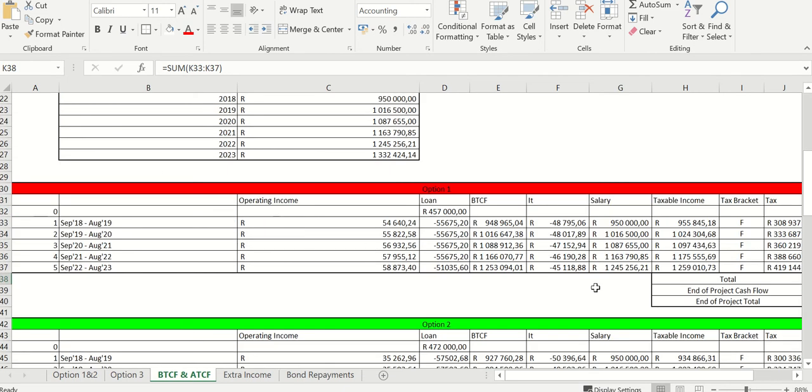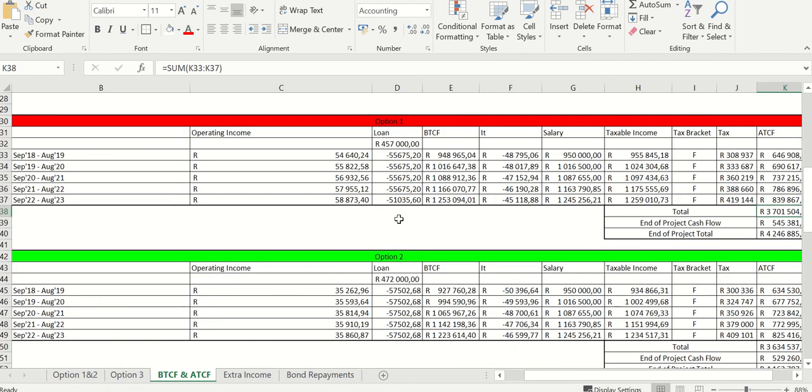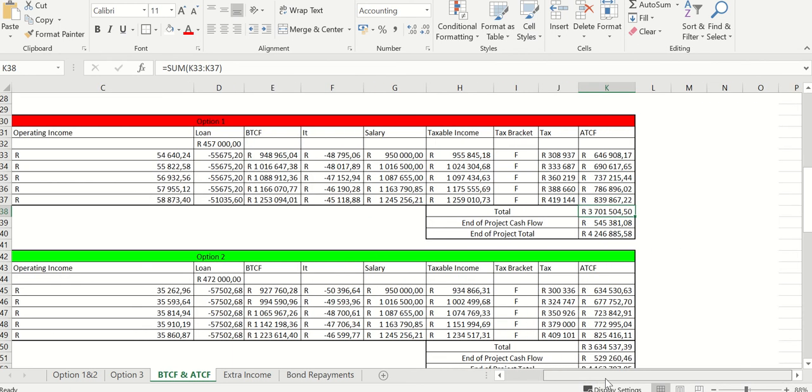So for option 1, this is the before tax cash flow and after tax cash flow table, and the same for options 2 and 3.